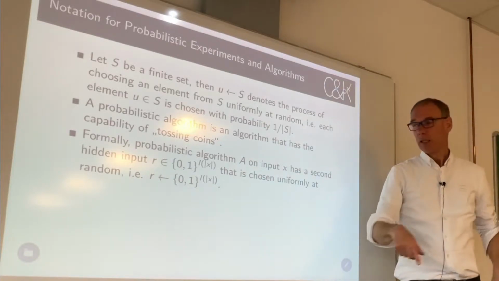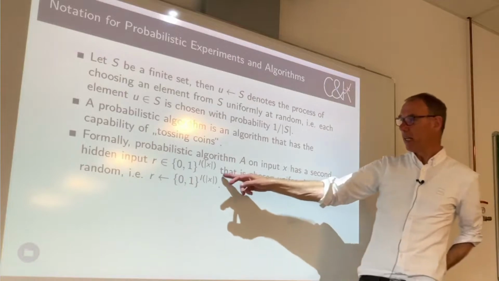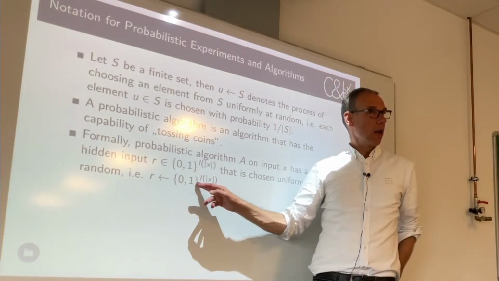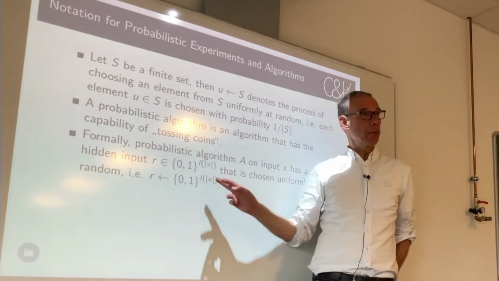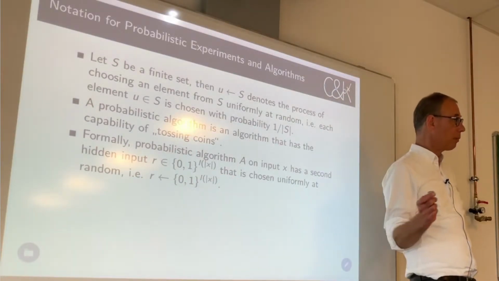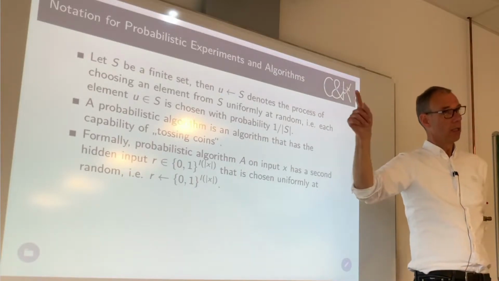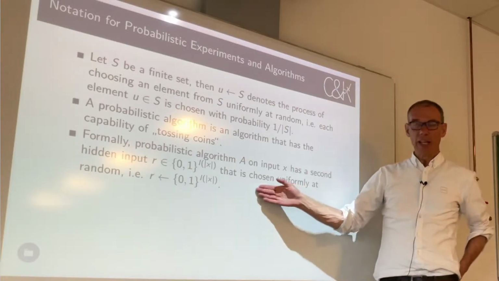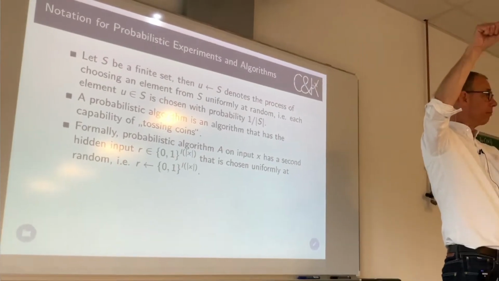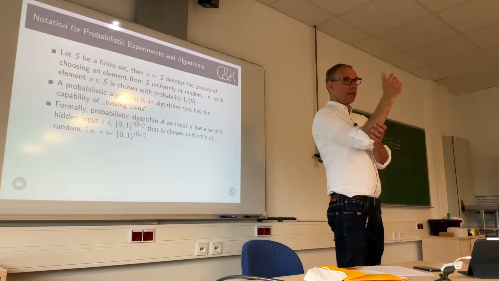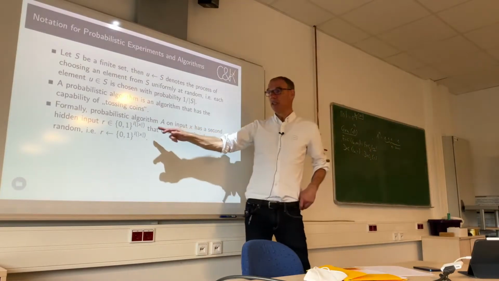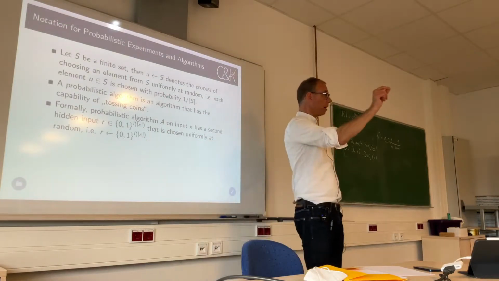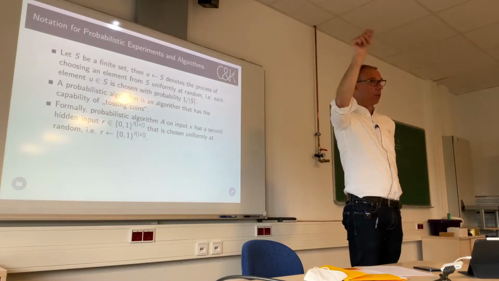So it has this hidden input that is chosen uniformly at random, i.e. every bit string of this length appears with the same probability, namely 2 to the minus length. And then it can just read off these bits one by one. Right? And the tossing of a fair coin is then just reading the next bit from r.